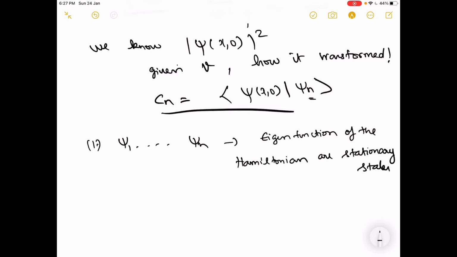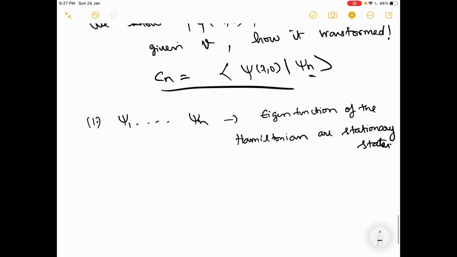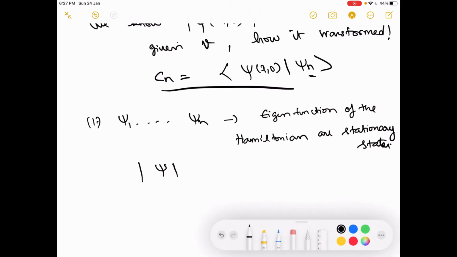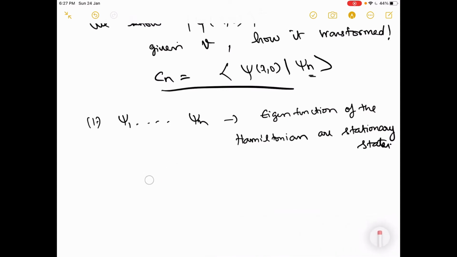What we mean by stationary states is that the magnitude, let's say, of psi n square does not vary with time.